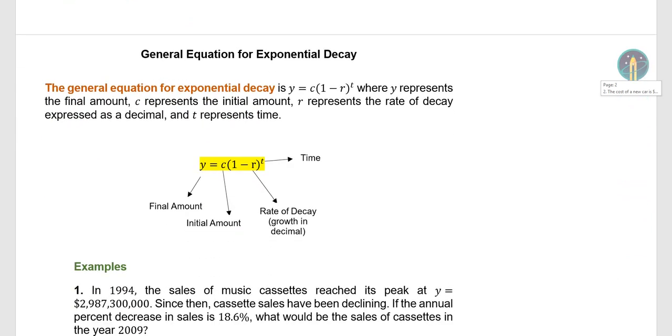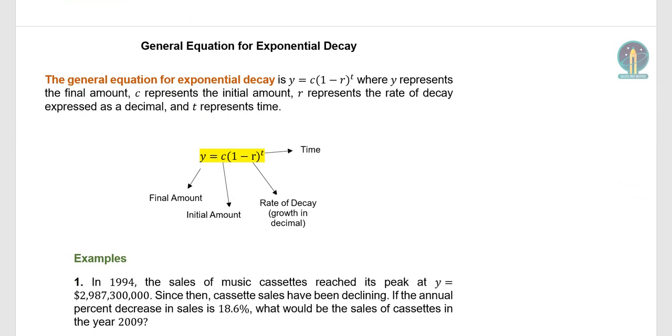Now, the general equation for exponential decay is very similar to the general equation for exponential growth, with the one and only difference being that in exponential growth you added the rate of growth, whereas in exponential decay, you are subtracting the rate of decay. In exponential growth, we had c times 1 plus r to the t, where r was the rate of growth.